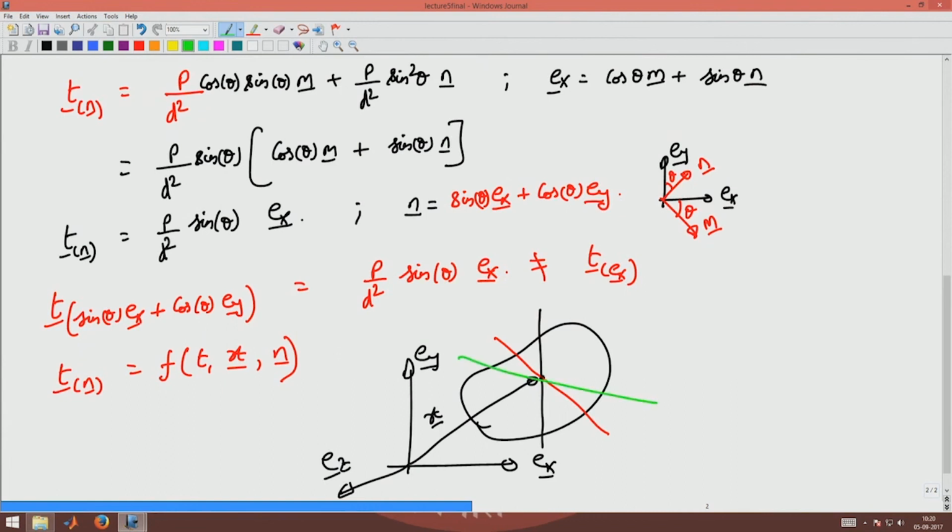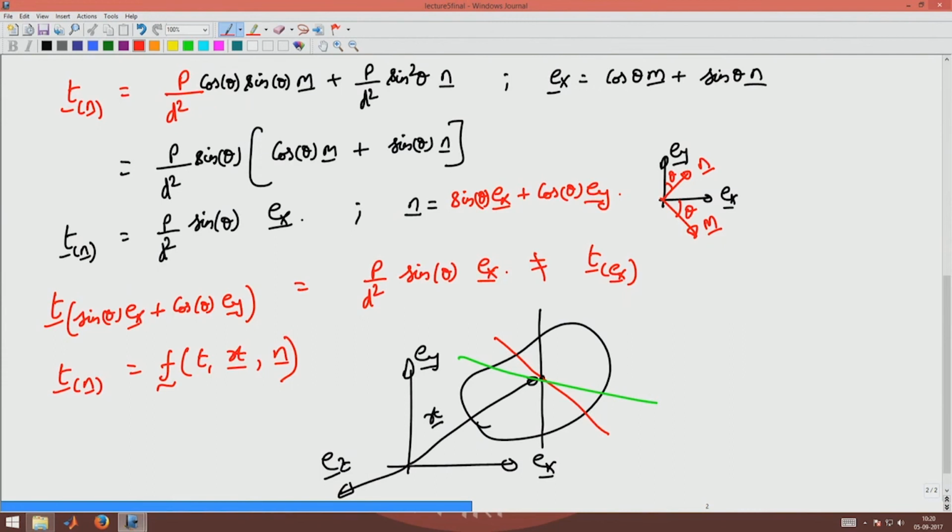At the same point, the traction will depend upon the orientation of the cut plane, and at the same point the orientation of the cut plane determines what the traction at that point is. Okay. Traction in the sense of a distributed force acting at that point.